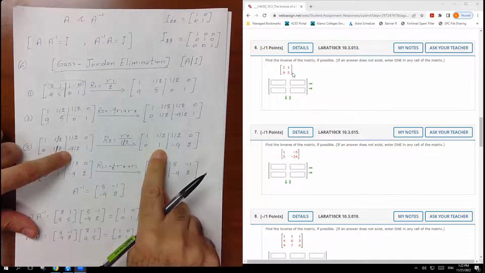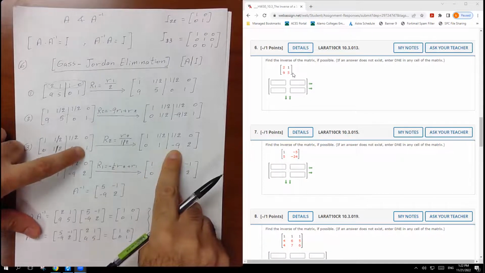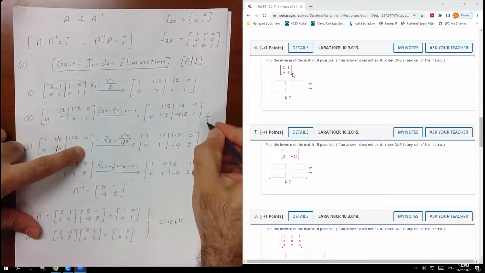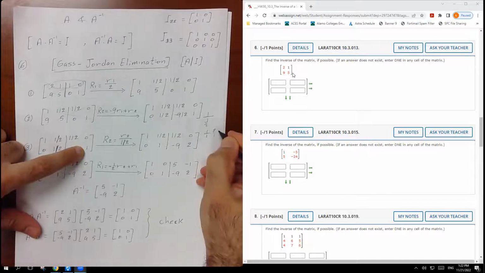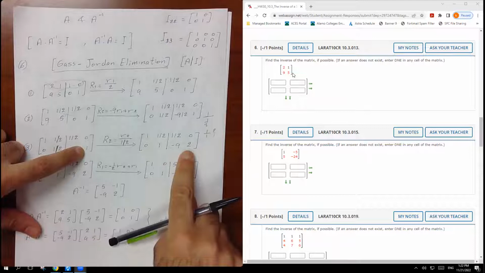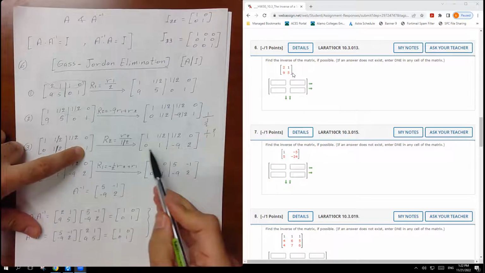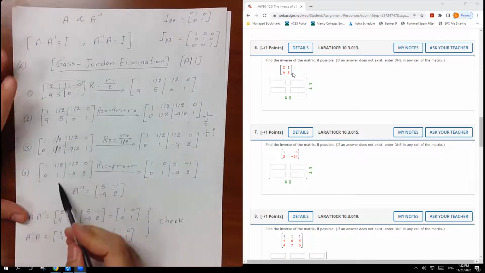Negative 9 over 2 divided by half is going to be negative 9. And 1 divided by half is going to be 2, because 1 divided by half means 1 over 1 times 2 over 1, so it's going to be 2 over 1, which is 2. So here is the new matrix. I'm going to write down the new matrix here.